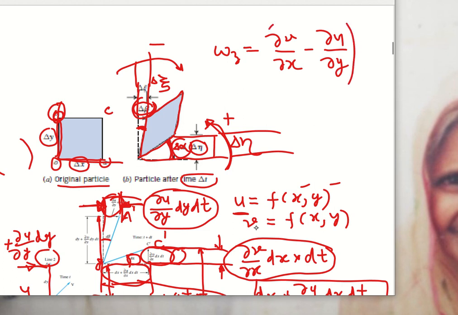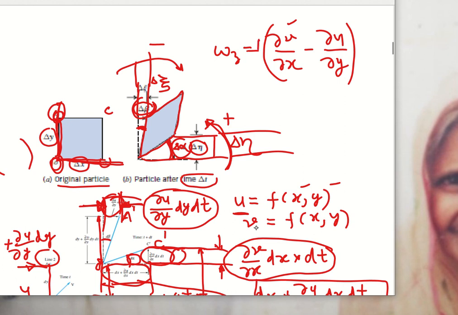So this is the angular change at a point of these two mutually perpendicular lines intersecting at the original point O. We want to know the rate of rotation at point O, and as per the definition it is half of that.